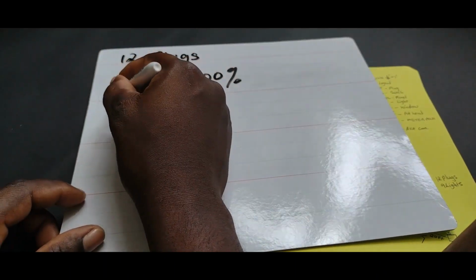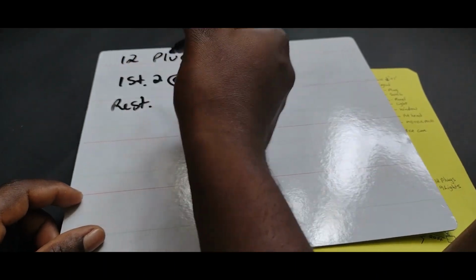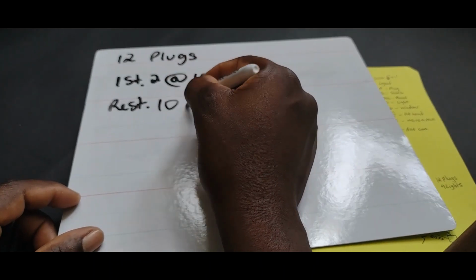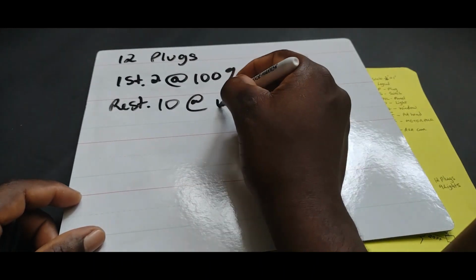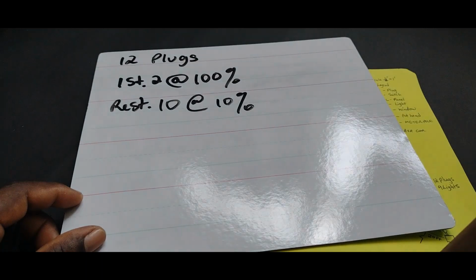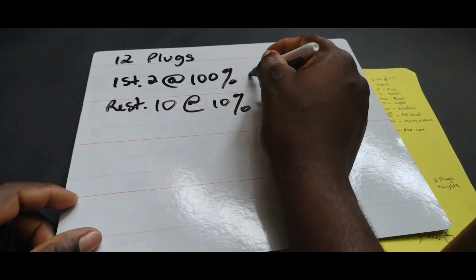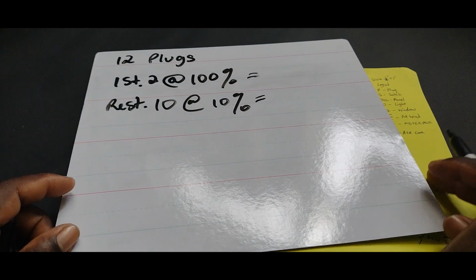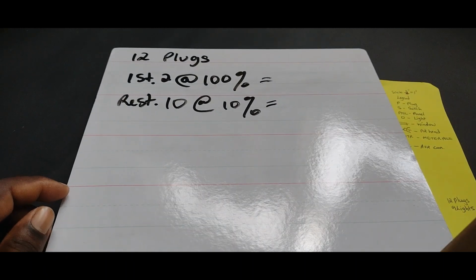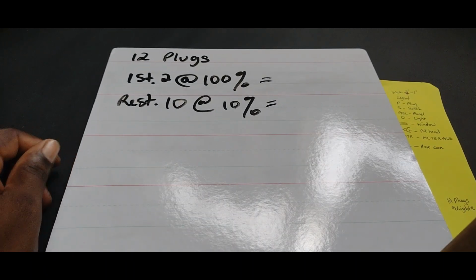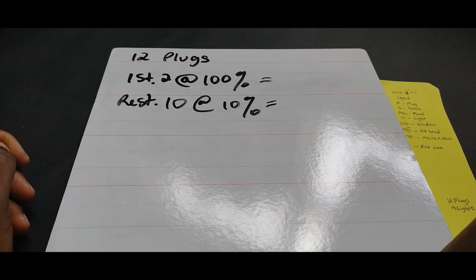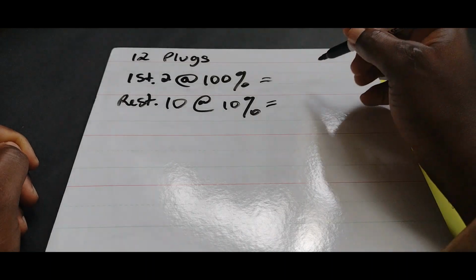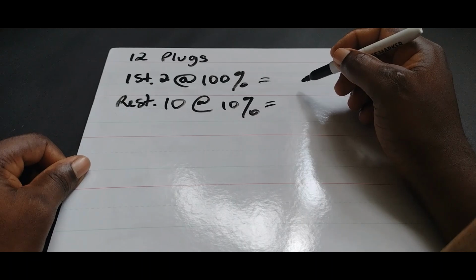So the first two at 100%, and the rest, 10 at 10%. First two at 100%. Now plugs are rated in amps, and one domestic plug socket is rated at 15 amps.